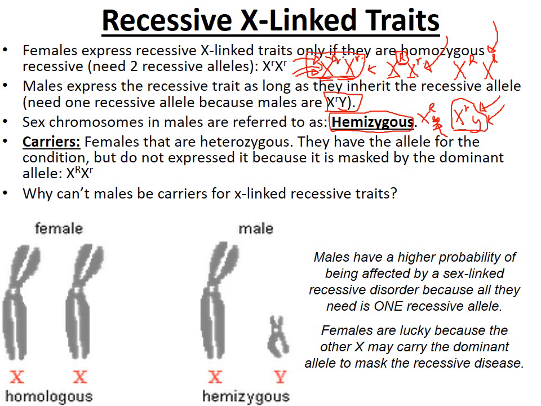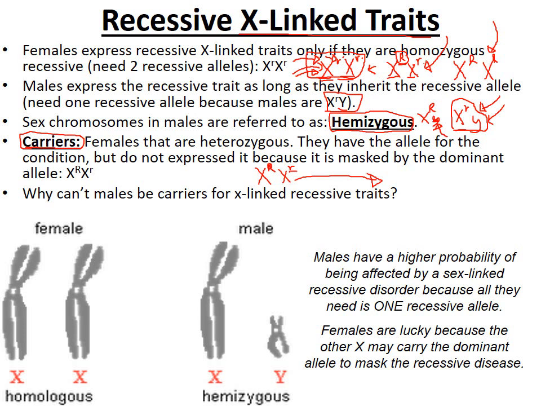So if we're still talking about an X-linked disease that's recessive, if you have a heterozygous girl, X big R, X little r, that heterozygous girl is called a carrier for the disease. So she doesn't have the disease because she has a dominant healthy allele, but she carries the allele for the disease, and so she can pass that on to her kids.